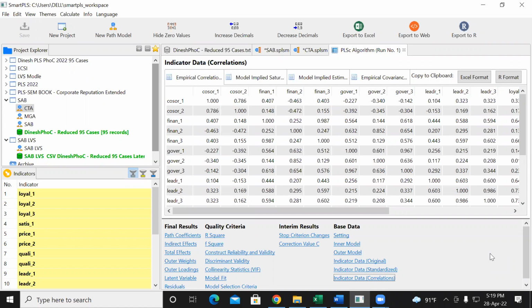We go for the second step only if the majority of the correlations are not zero. What's your view? Are the majority of the correlations here different from zero or not different from zero? This is step 1.